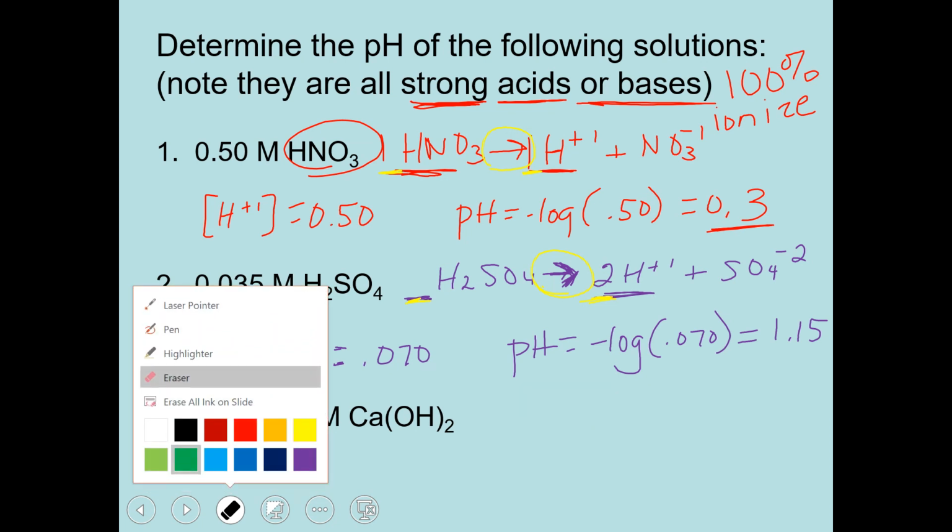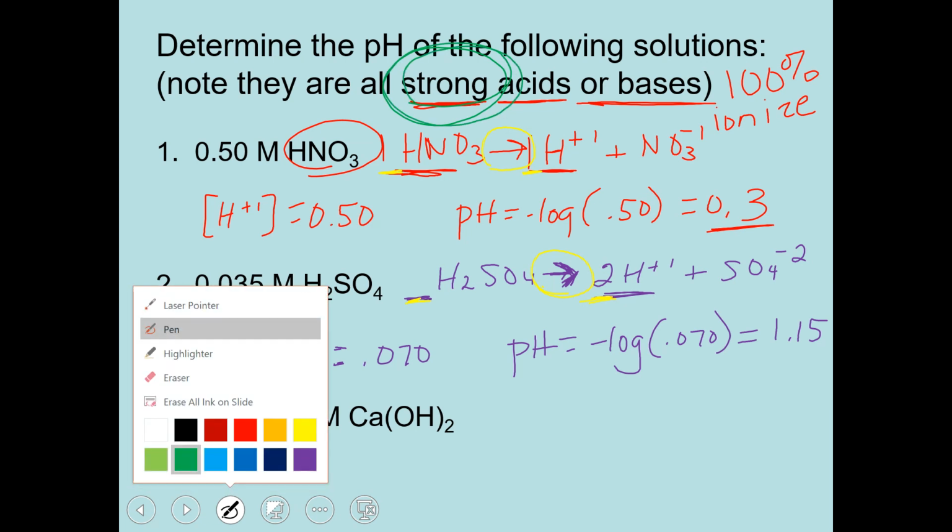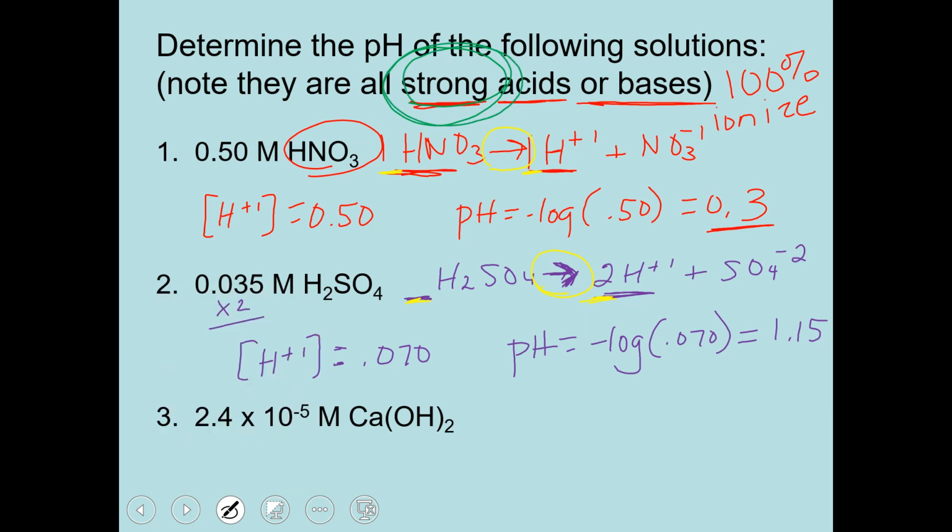So when you are working on problems, it is very important: is it strong or is it weak? Because it absolutely has to be a strong acid or base for it to be completely ionized, and use stoichiometry to figure out the hydrogen ion concentration and thus the pH.